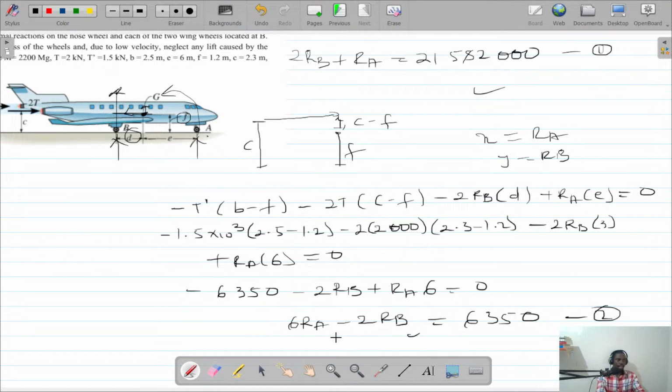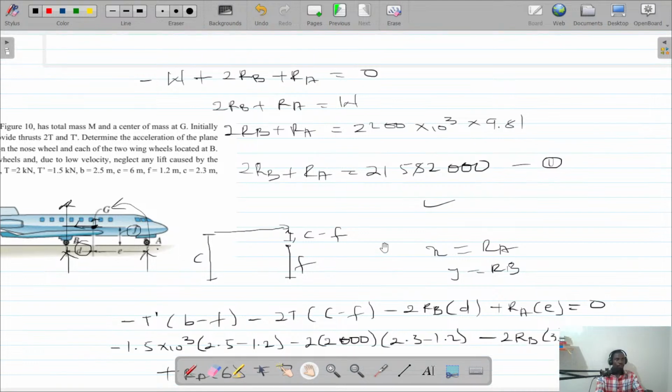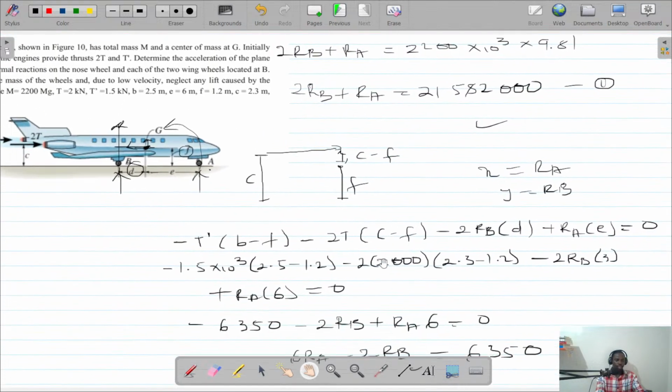And then the other one we have RE is 6 and minus 2 for RB. We have 6350. Yeah. 2200. Please, who was solving with me, please? I want to verify something.